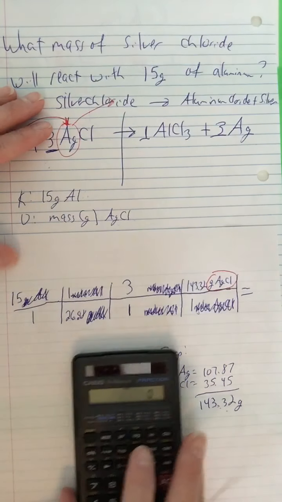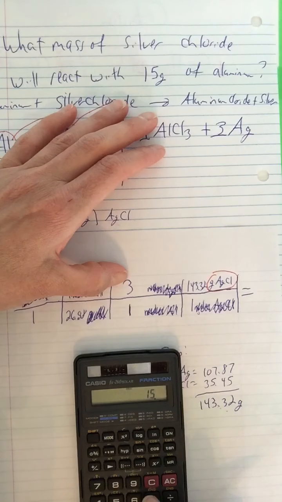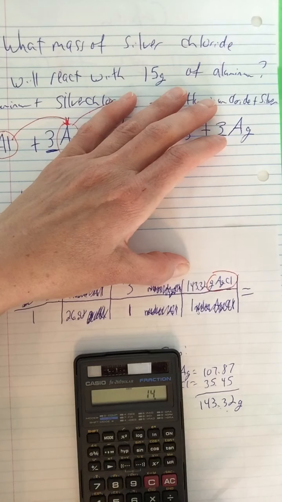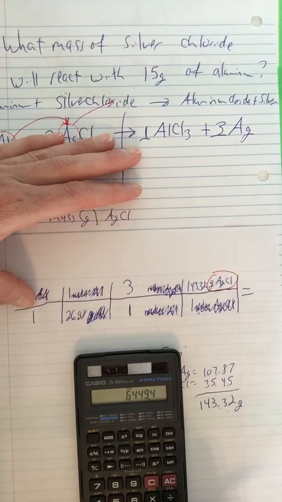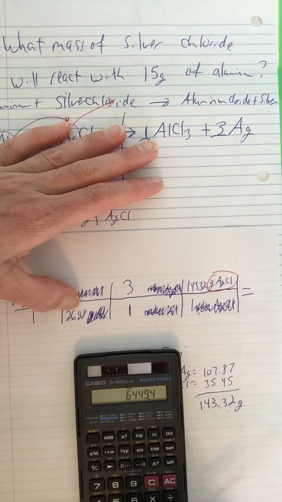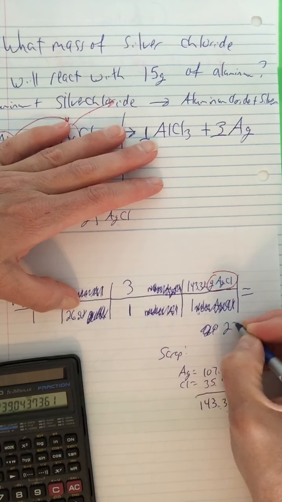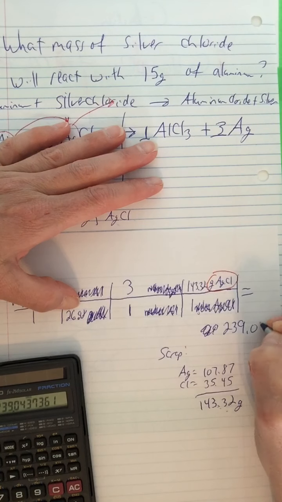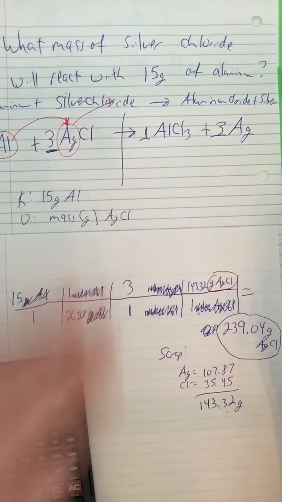So how I do these questions is I will go 15 times 1, which I won't do, times 3, times 143.32, I'm not dividing by 1 because I don't need to, divided by 26.98 equals 239.04 grams of silver chloride. That, my friends, is our answer.